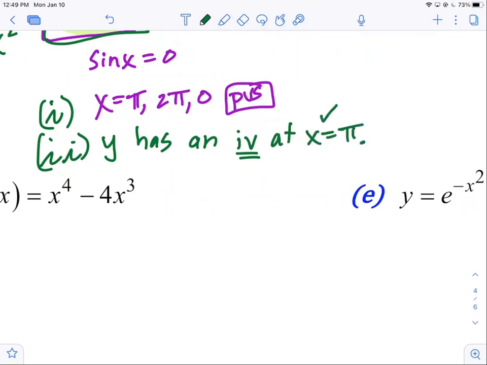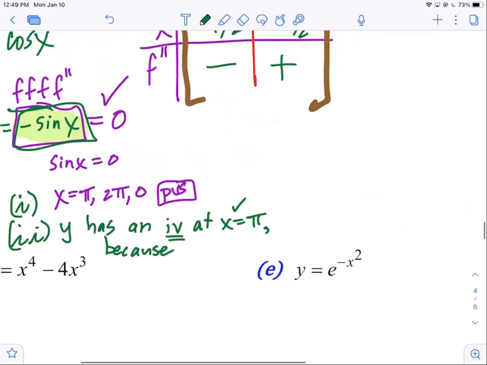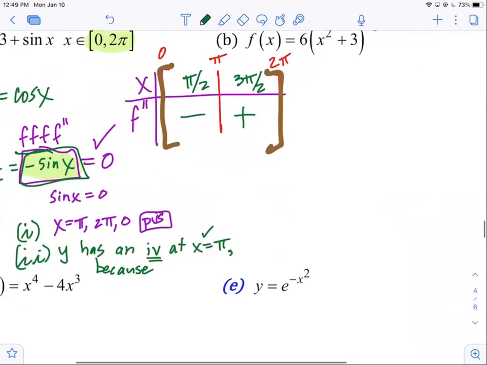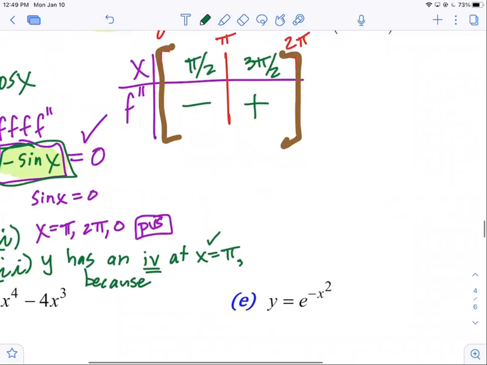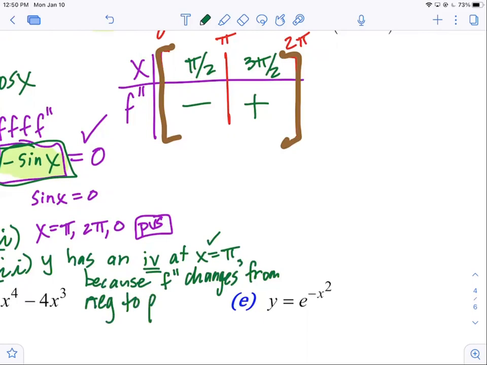There's your answer, comma, because, do we say because Y changes from concave? No. Do I say because F double prime changes from concave? Nope. I say because F double prime changes from negative to positive at X equals pi.